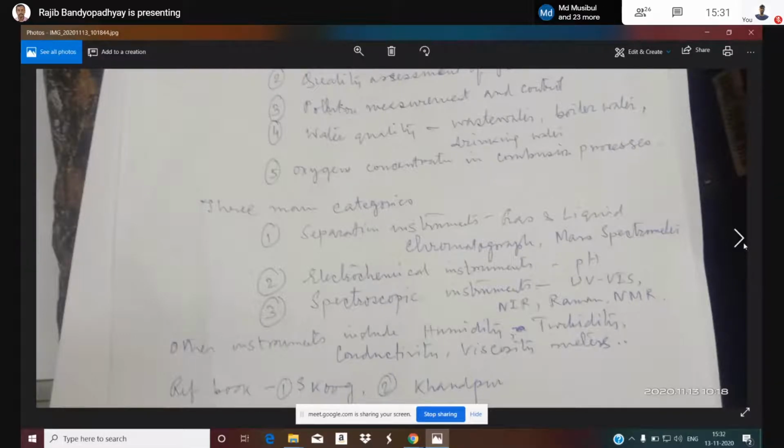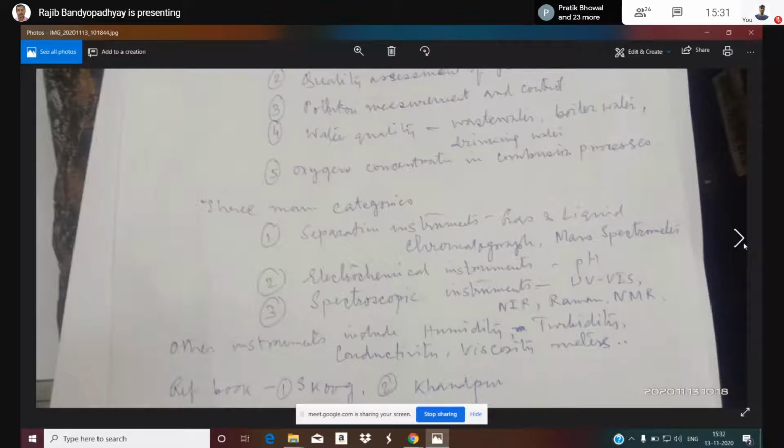For example, if you want to measure wastewater quality, you need to measure conductivity, pH, turbidity, and maybe a few other parameters. Only if you publish all the parameters will the pollution control board accept it. So this is in a nutshell the introduction of analytical instrumentation.